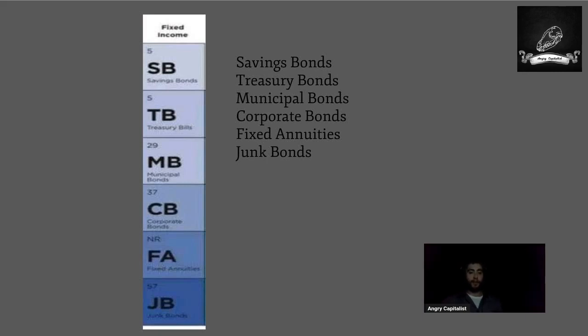When I'm referring to term within this video, I'm talking about the term of maturity. So if I purchase this savings bond, and it's got a 3% yield on it. Now, when I say yield, that is the percentage that I'll be repaid once that bond is paid off.